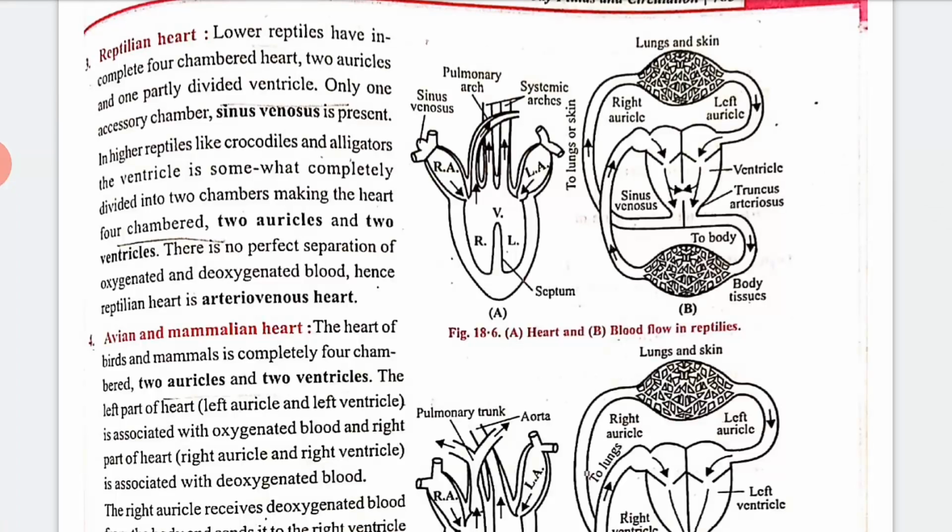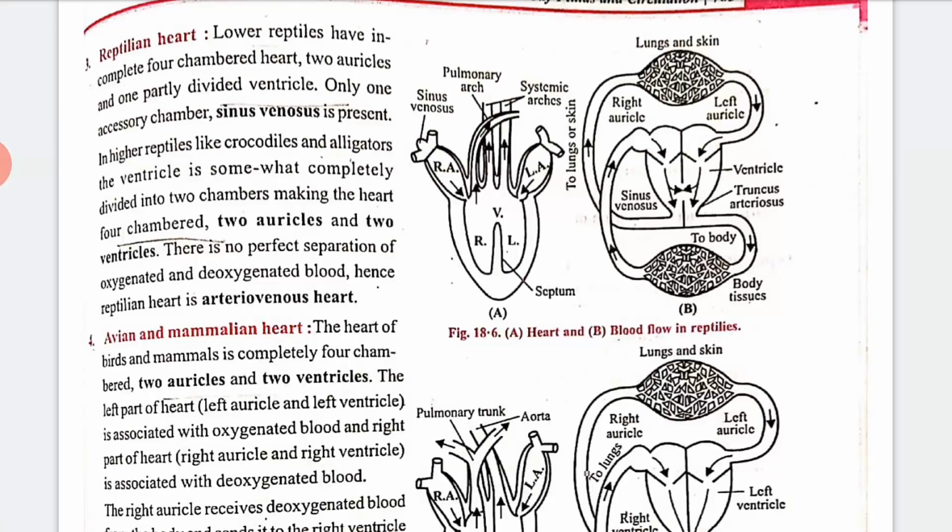In higher reptiles like crocodiles and alligators, the ventricle is almost completely divided into 2 chambers, making the heart 4-chambered, that is 2 auricles and 2 ventricles. So there is no perfect separation of the oxygenated and deoxygenated blood. Hence, the reptilian heart is a mixed-blood heart.